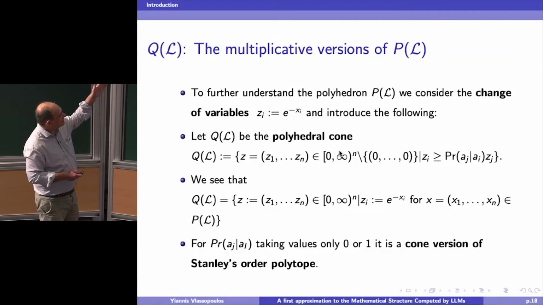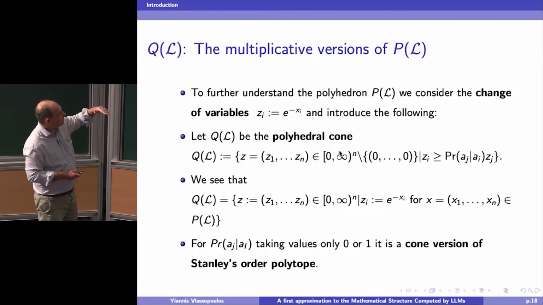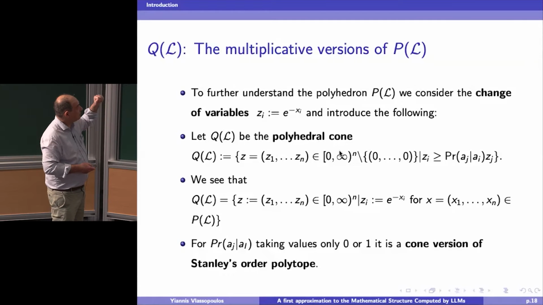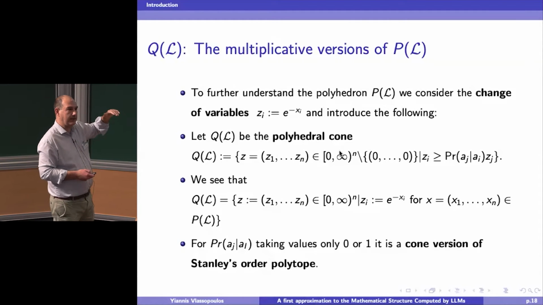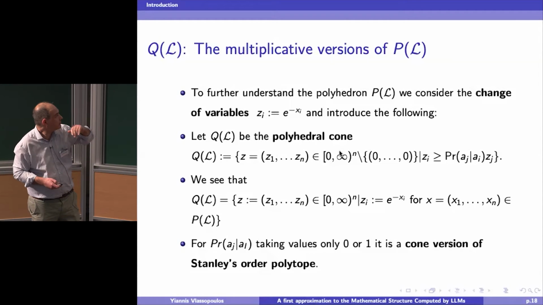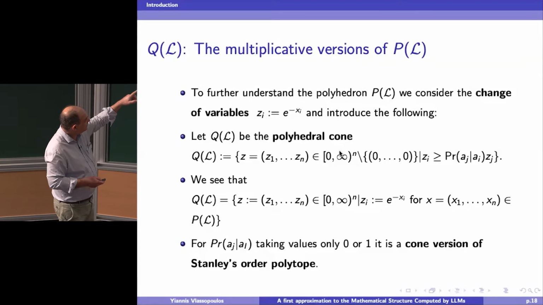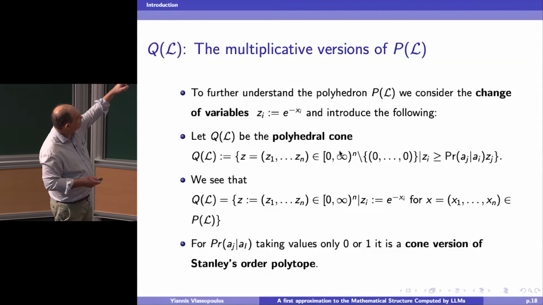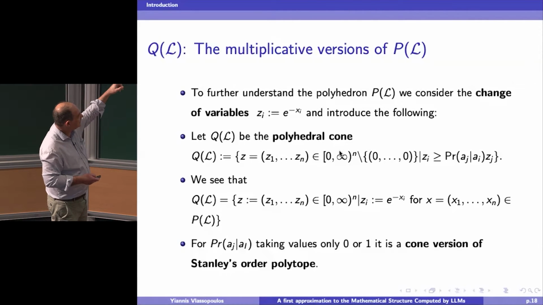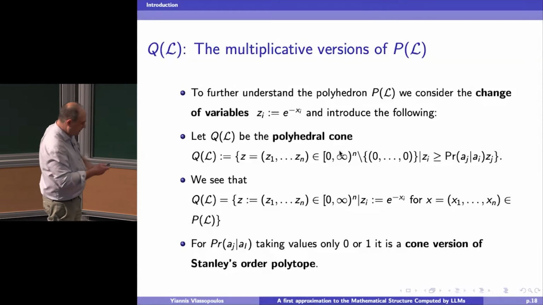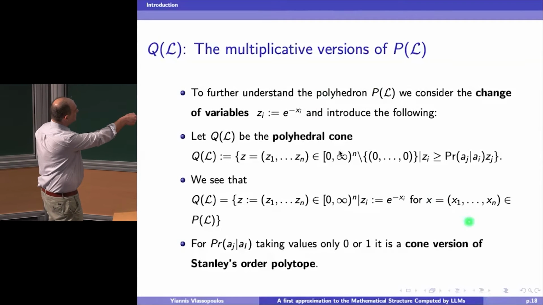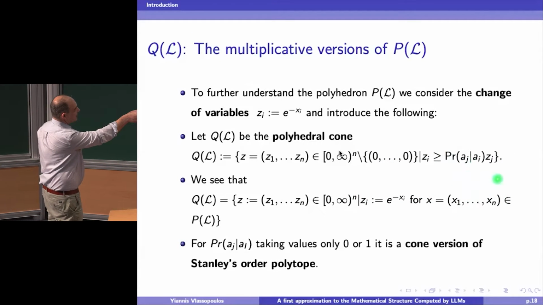We went from the probabilities by taking minus log to this P of L. Now, if we want to go back, we just have to take e to the minus x, the inverse map. What we find is that this Q of L is the image of P of L by this e to the minus x map, and we find precisely this equality here. These are defined by a very simple inequality: zi greater than or equal to the probability of aj given ai times zj.